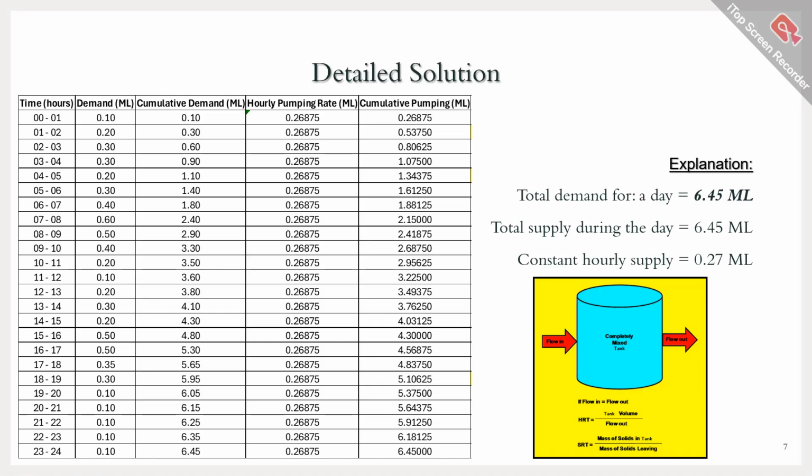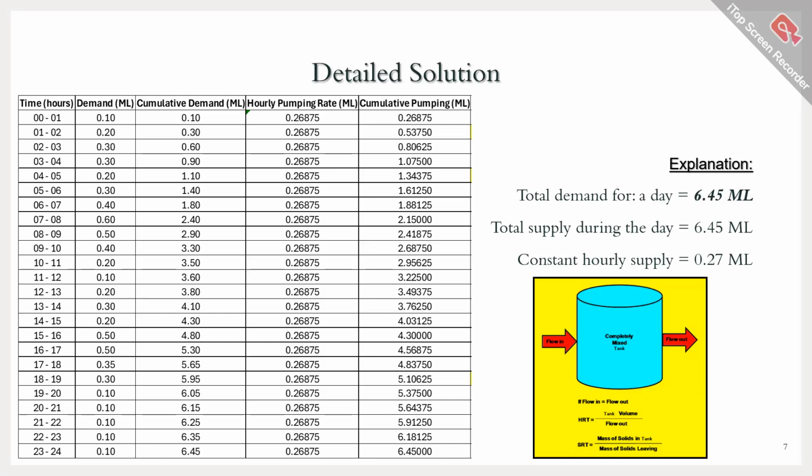So if you design a tank with a volume of 6.45 ML, you don't have to worry about the design conditions. This will be a huge tank that will absorb all the daily fluctuations, so you don't have to worry about the design of the volume in this case.